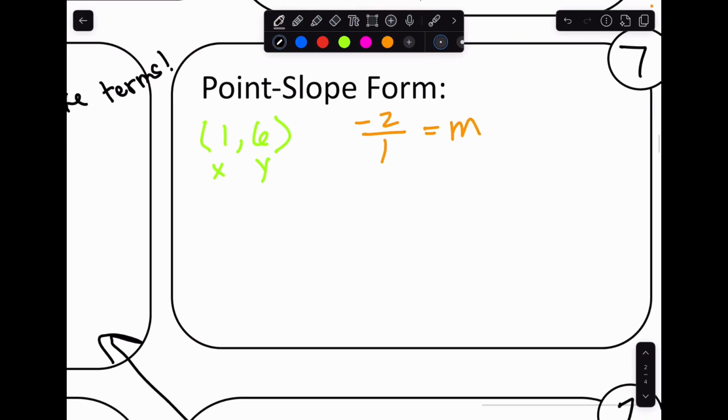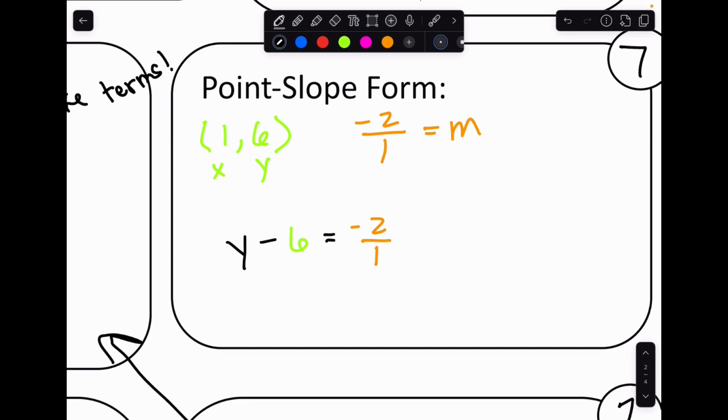Okay, so let's write our point-slope equation. We have y minus y1, which is 6. Again, since it's positive, this stays minus. Equals our m, which is negative 2. Or we could put negative 2 over 1.